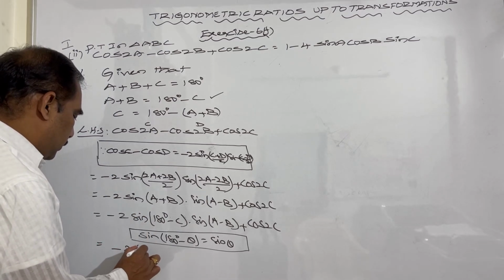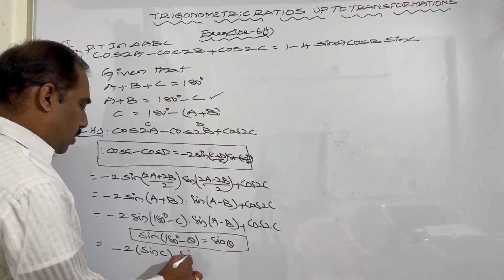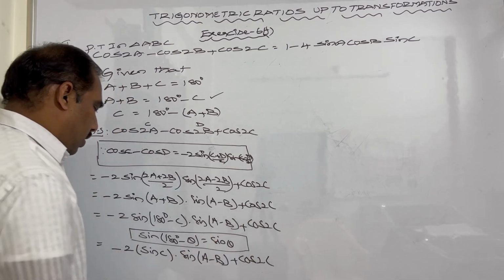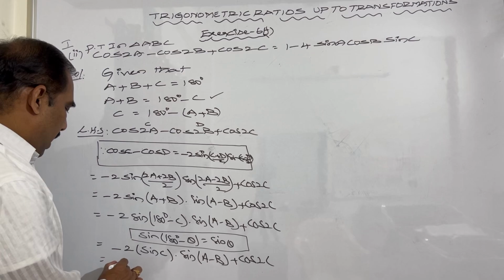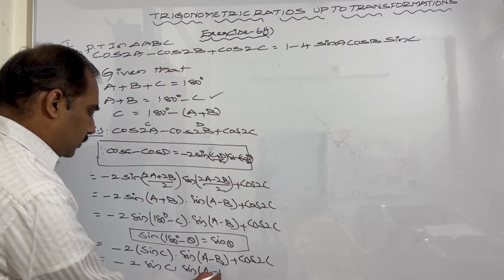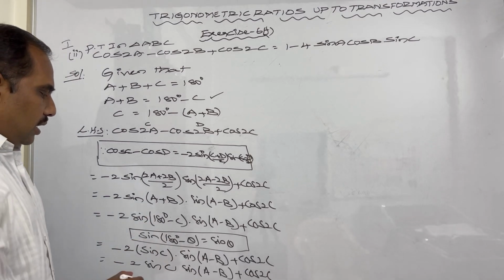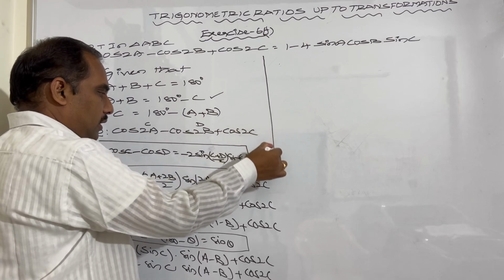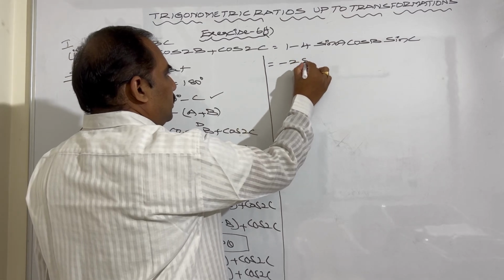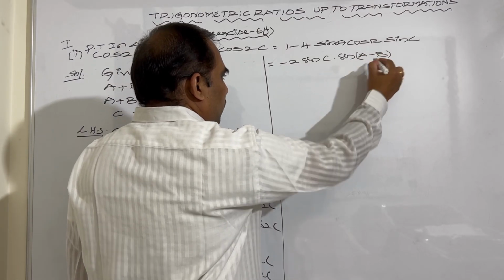So this is minus 2 sin C into sin of (A minus B), plus cos 2C.